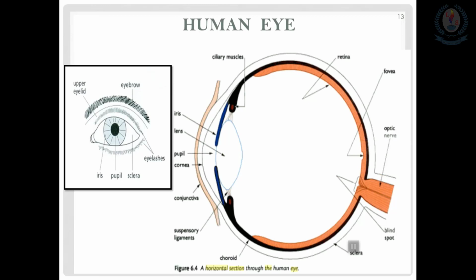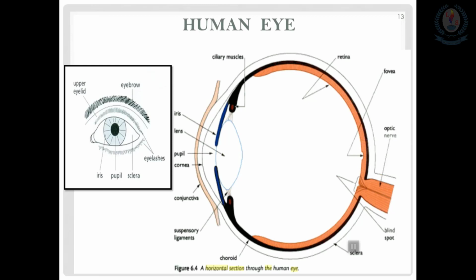The light rays are focused onto the back of the eye to a special place. It is called the retina. The retina is the innermost layer of the back of the eye. It's a light sensitive layer where light energy is converted into the electrical energy of nerve impulses.